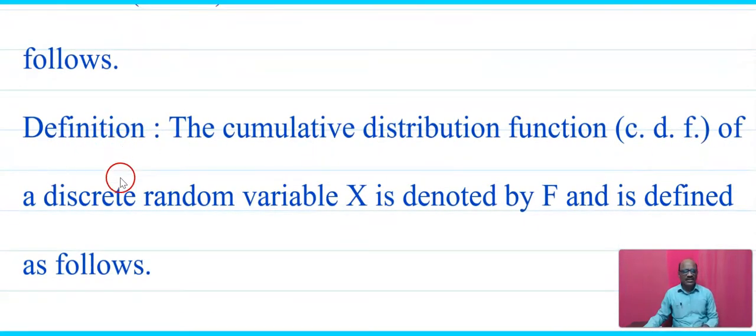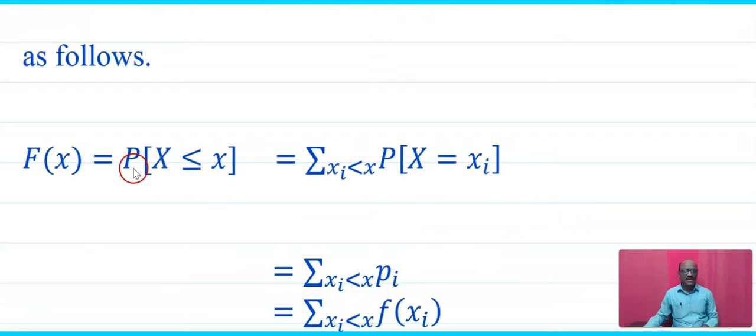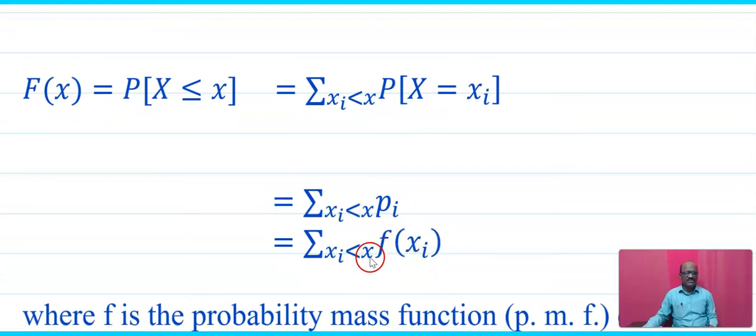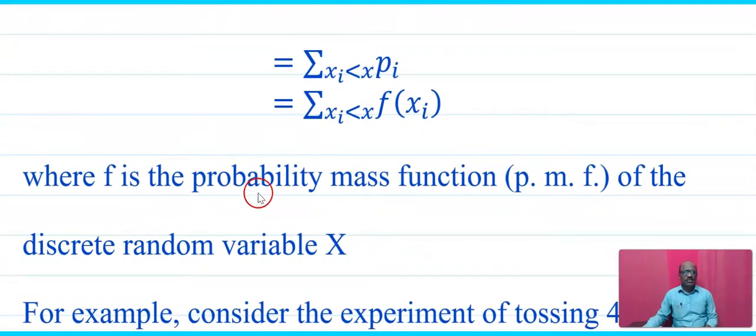The CDF of a discrete random variable capital X is denoted by capital F of x and is defined like this. That is, capital F of x is equal to P of capital X less than or equal to small x. That is the summation over xi less than or equal to x of all these probabilities, where f is the probability mass function, the PMF of the discrete random variable. With the help of examples, you will definitely understand this concept.